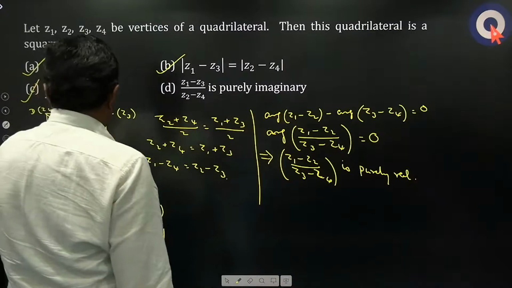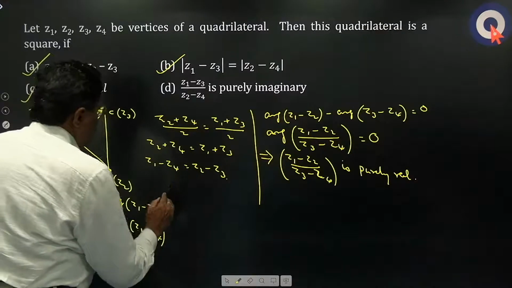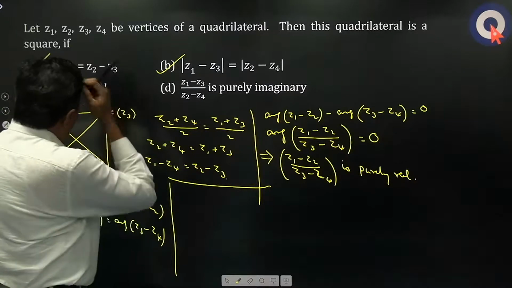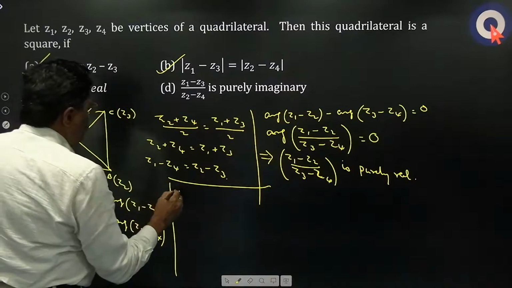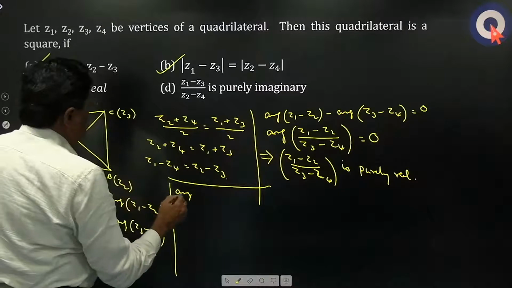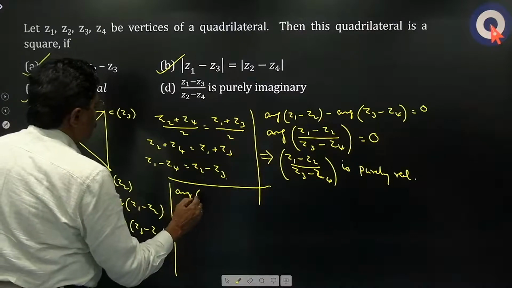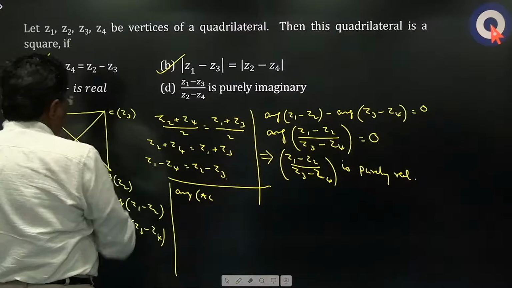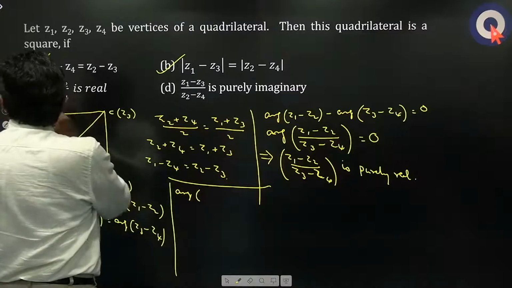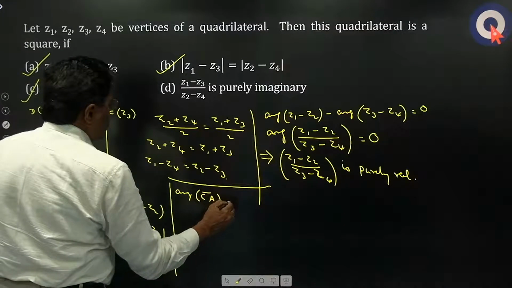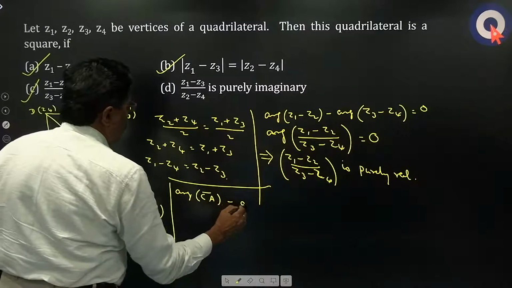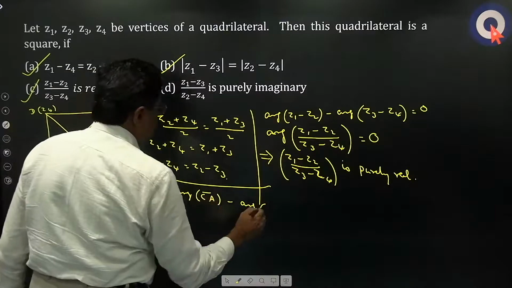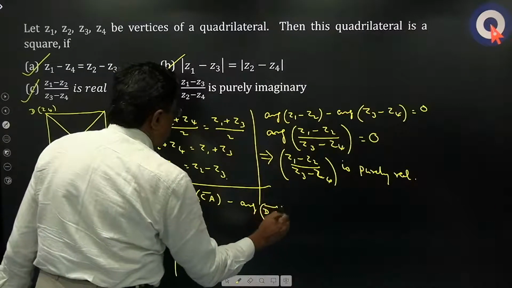See, if it has to be a square, then the diagonals will be perpendicular to each other, and therefore argument of CA minus argument of BD, Z2 minus Z4, this should be pi by 2.